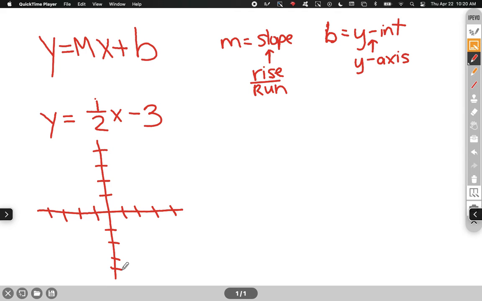All right, so which number do we start with? Do we start with the 1/2 or do we start with the -3? -3, begin with B. Begin with B, and then M tells you how to move. But B is your beginning. We begin at -3 on the y-axis.